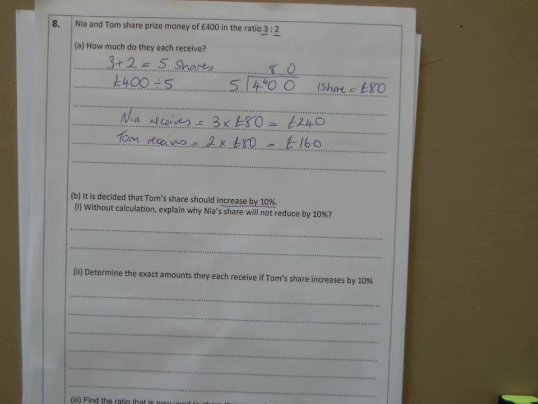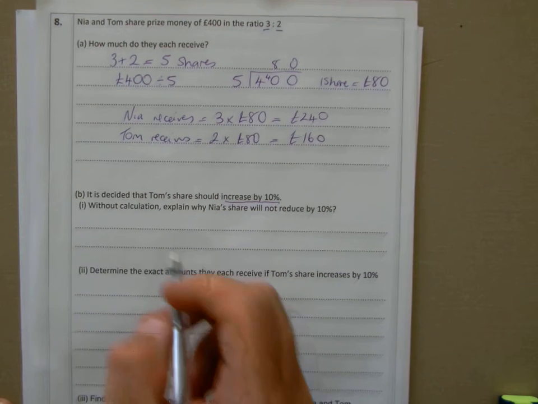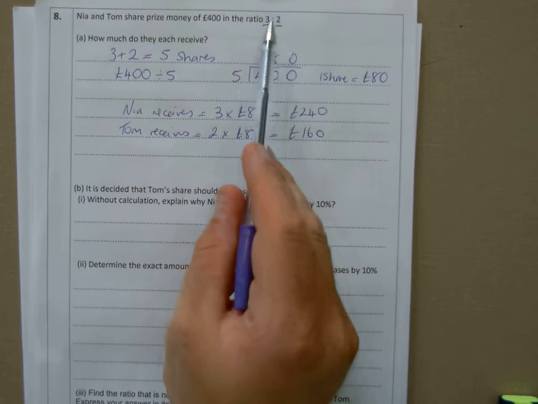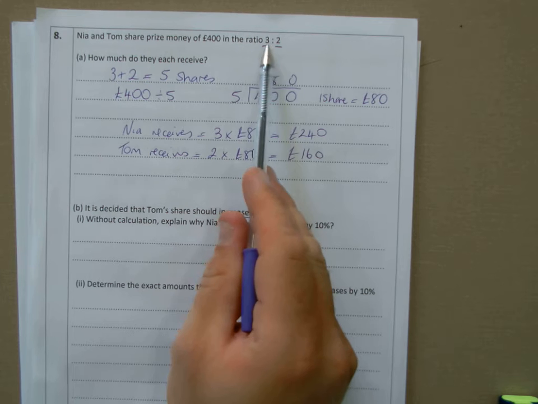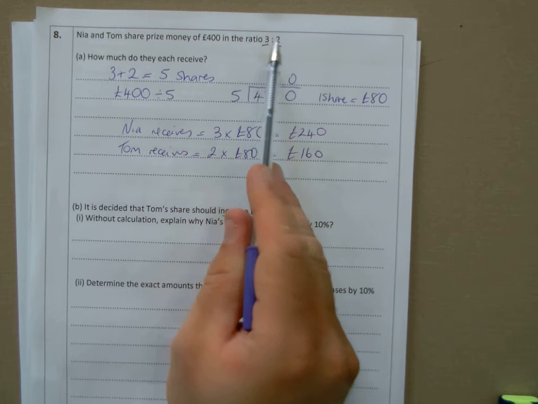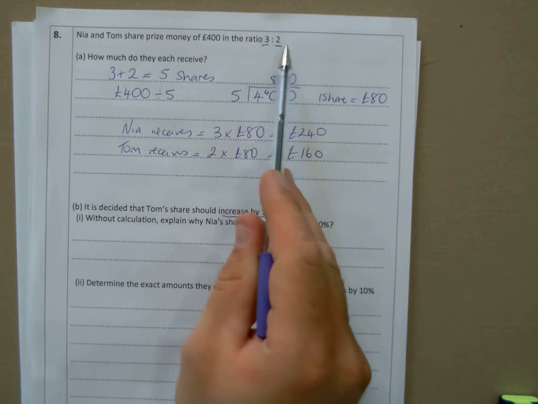However, we need to appreciate that 10% of Tom's share is not going to be the same as 10% of Nia's share, okay? Because we're looking at proportion sizes here. So if you think going back to the ratio, Nia has a higher proportion to start with than Tom, okay?